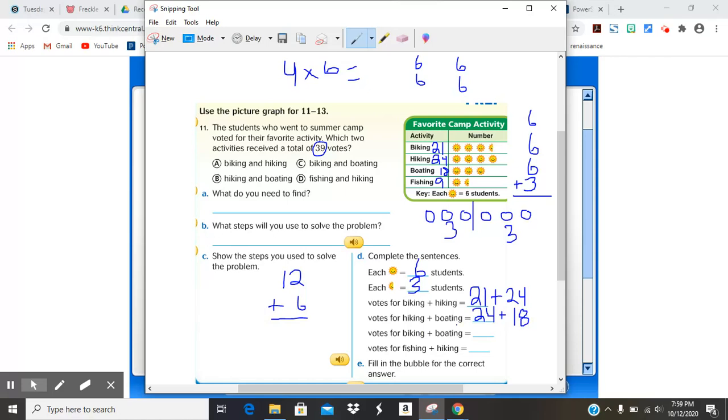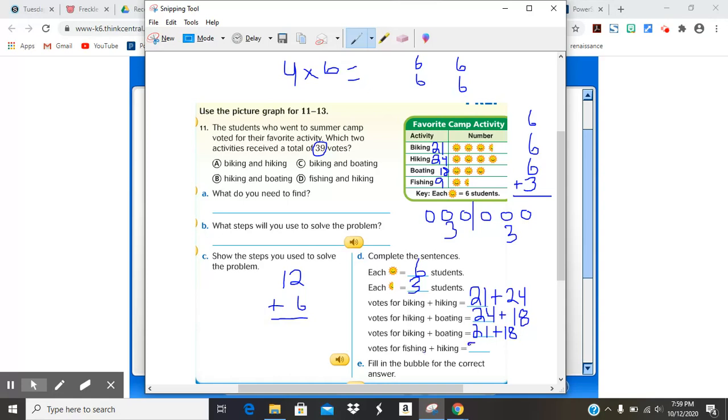Biking and boating. So biking is 21. And boating is 18. Now our last choice, fishing and hiking.